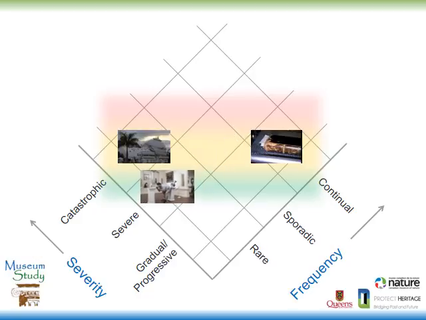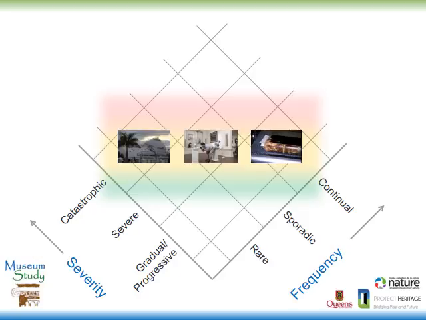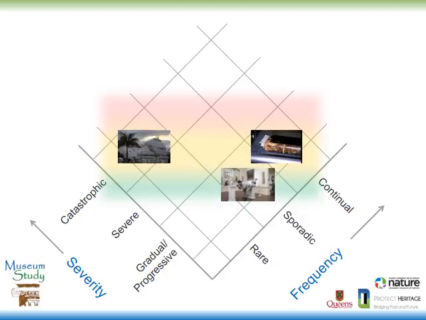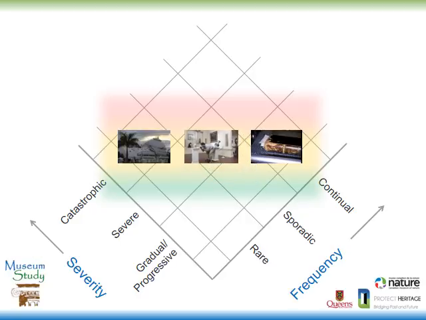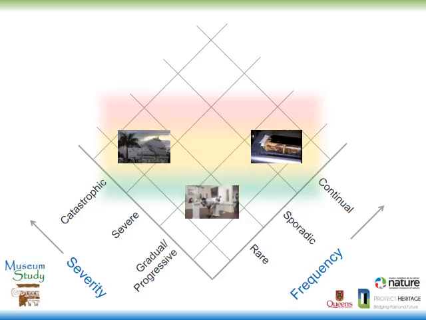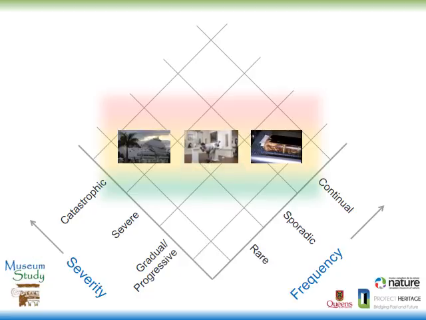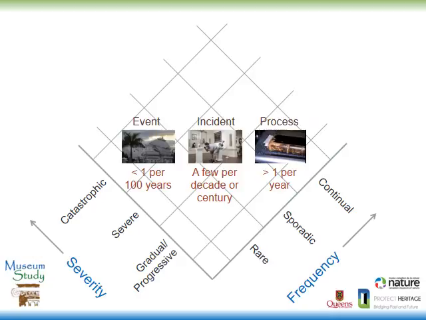We can reduce risk by reducing the frequency at which it occurs, or we can reduce the severity at which it occurs, or we can do both. But these ideas of severity and frequency are key ideas in both understanding and assessing risks and in managing the risks.